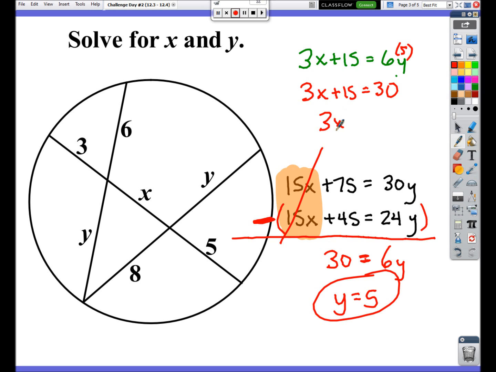Subtract the 15 over to the 30, and I'll be left with 15. And divide the 3 over, and I get x is also 5. Now, you might look at this and go, but this and this piece don't look like they're the same length. True, they don't look like they're the same length, but mathematically, they are the same value. So, not drawn to scale. So there's problem 2.